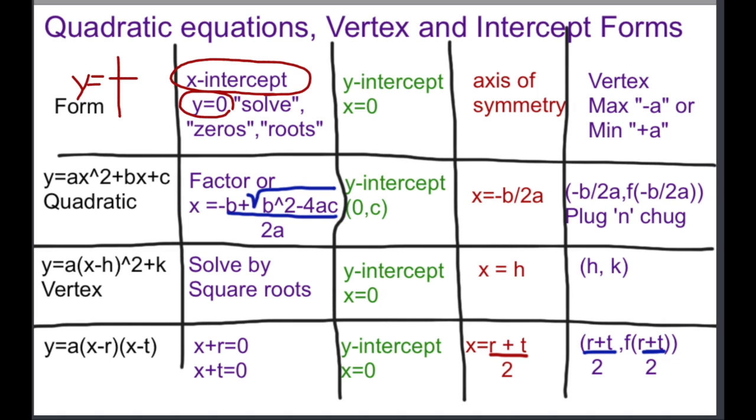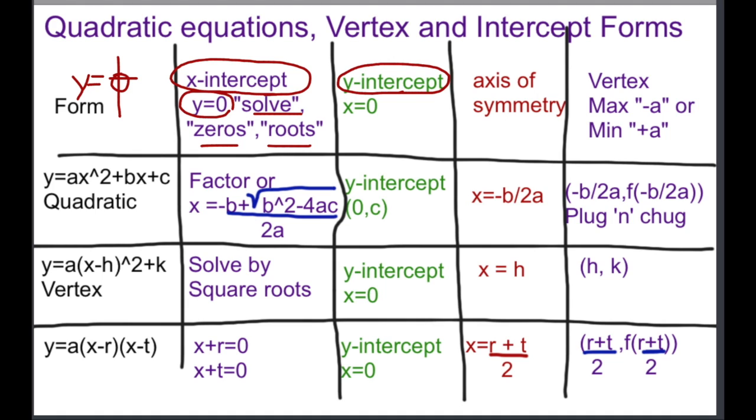These are called solutions, solve, zeros, roots, or x-intercepts. Then we come to the y-intercept. The y-intercept uses x equals 0, which is the equation of the y-axis. Then the axis of symmetry formula or other ways to find it, and then the vertex.